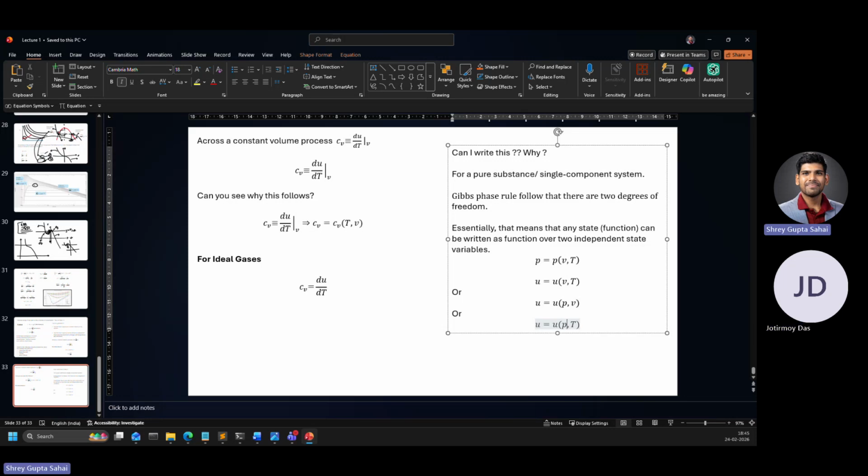So essentially what I'm saying is that any state function can be written like this. So the important thing is any state function.